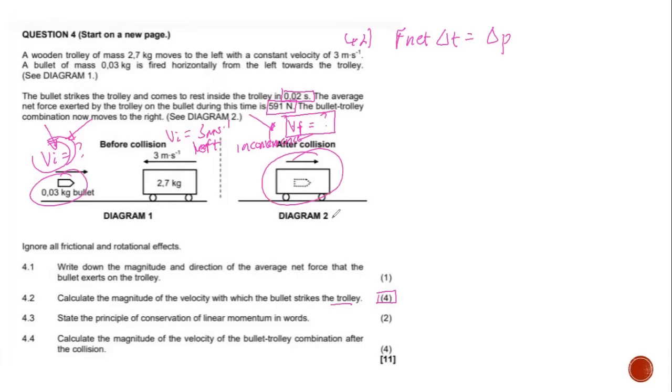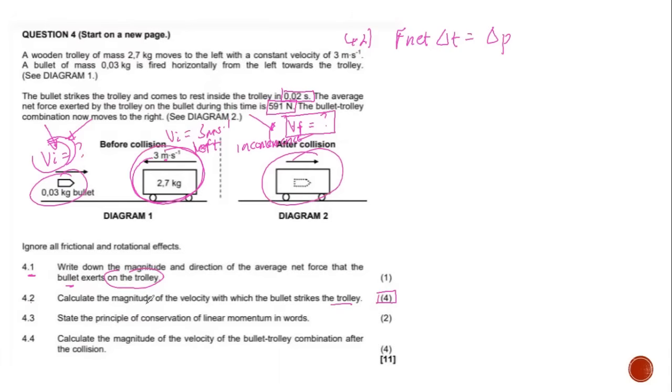Now, the question is, am I going to use the reference as my trolley or as the bullet? So I'm going to use what I just got from 4.1 here, which is the magnitude and direction of the average net force that the bullet exerts on the trolley. So I want the one that is experienced by the trolley, since with the trolley I have at least the initial velocity.